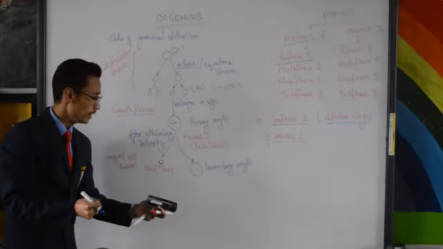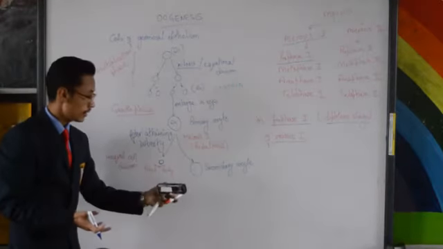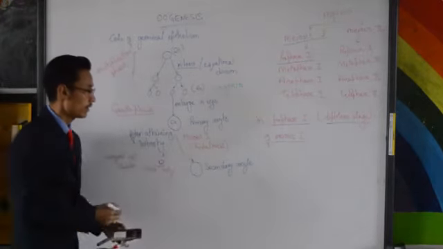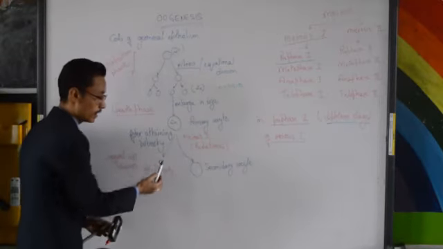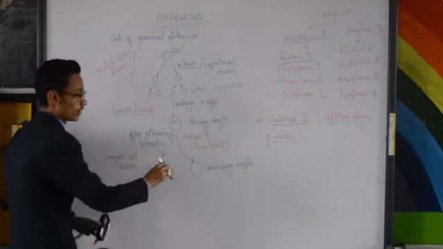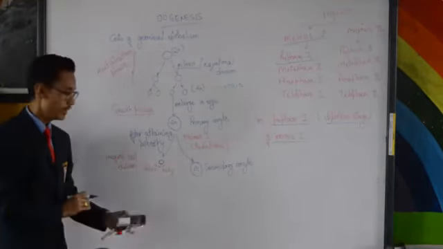Now, what will be the genetic makeup of the secondary oocyte? Since the primary oocyte has undergone first meiotic cell division or reductional cell division, the secondary oocyte will be haploid.